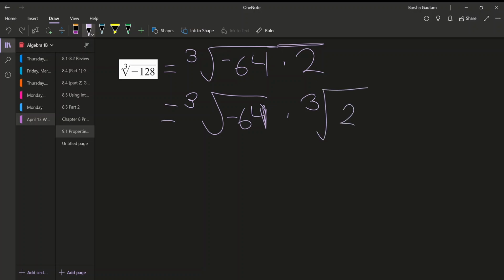Then we need to figure out what number multiplied by itself 3 times will give us negative 64. And that's going to be negative 4. Negative 4 to the power of 3 is negative 64. And we have to bring down this piece right here, and then that's going to be our final answer.